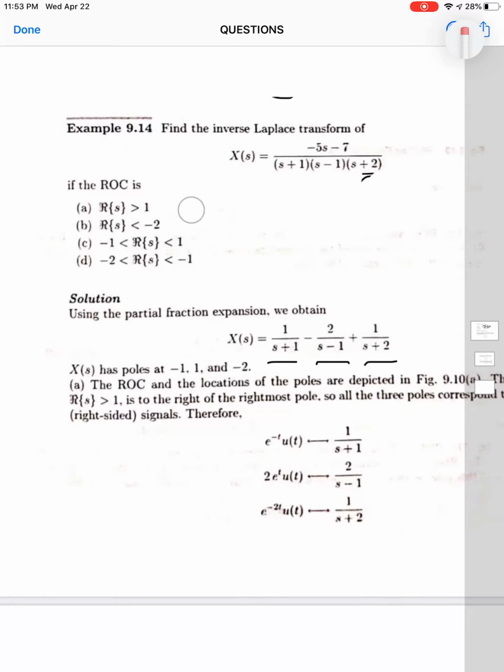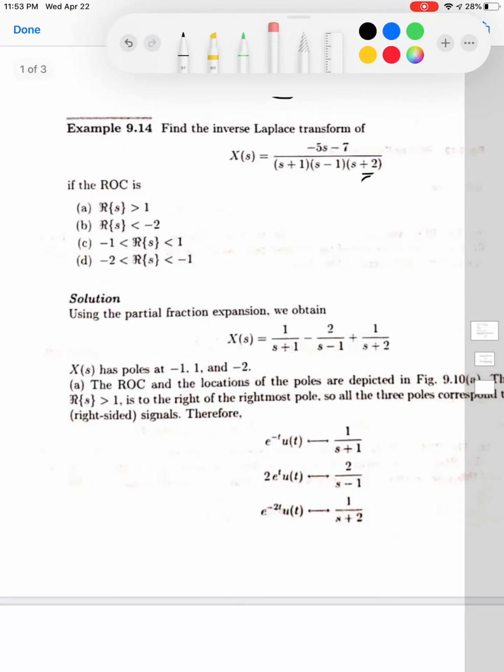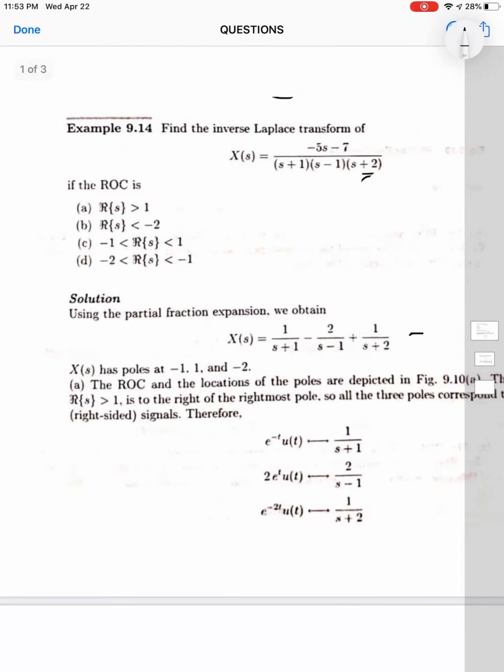Now you have to write the inverse Laplace transform for the given function. For that you have to consider this condition first. In this condition we can see that the ROC is defined as real part of s greater than 1 for the whole system function.